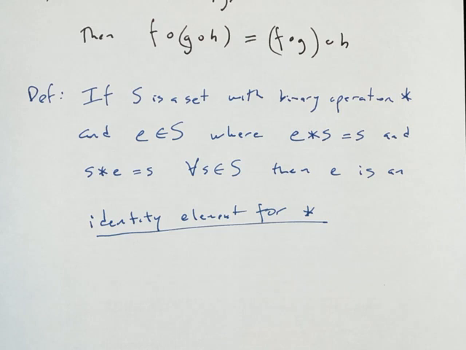And could I have more than one in a particular set for a particular operation? It says up there, E is an identity element, not the identity element. So could there be more than one?